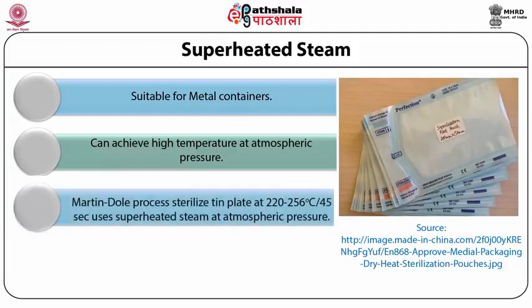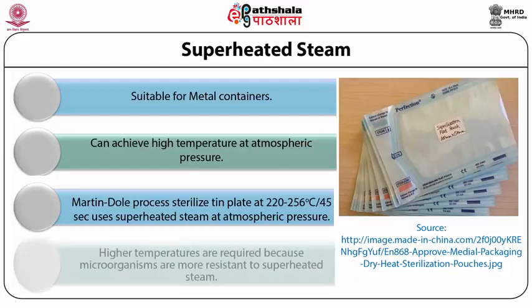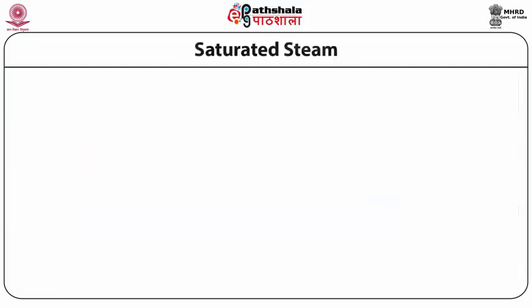The Martin-Dole process continuously sterilizes tin plate cans by passage through 220 to 256 degrees Celsius superheated steam at normal pressure for 45 seconds. However, microorganisms are more resistant to superheated steam than saturated steam. Thus, higher temperatures are required while using superheated steam for sterilization.